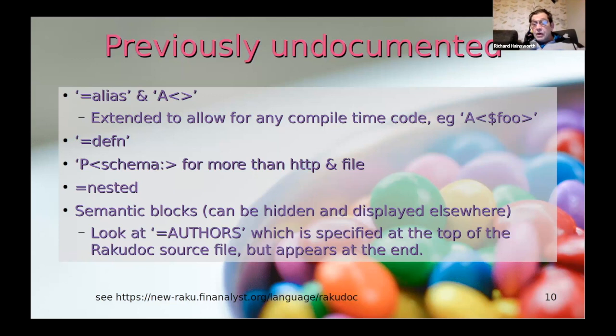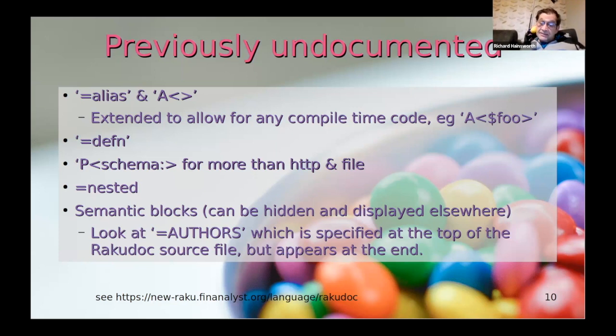And then semantic blocks. Semantic blocks are at the moment treated as if they were just ordinary blocks, but they can be accessed from outside the file. So the idea here is that things like copyright, version, synopsis can be put into semantic blocks and then extracted from a RakuDoc file without having to parse the whole of the file.